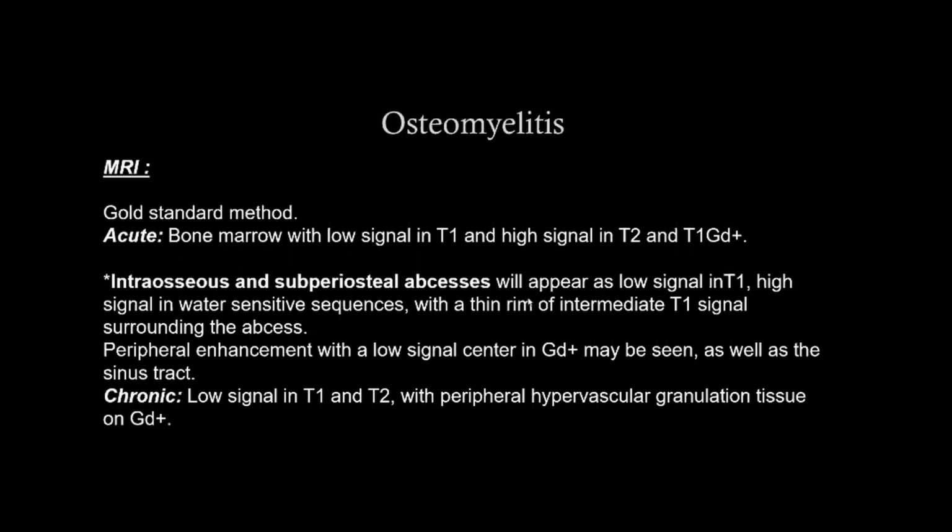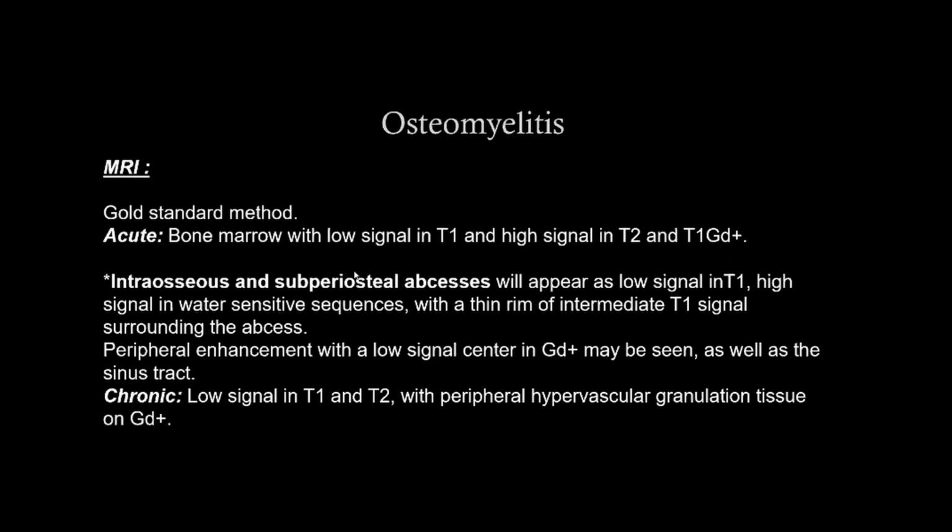Great, thank you. Okay, MRI is the gold standard because it can show the extension, if there is sinus tract involvement of the soft tissue. It's very important. Intraosseous and supraosseous abscesses will appear as low signal on T1, high signal in water sensitive sequences, with a thin rim of intermediate T1 signal surrounding the abscess.